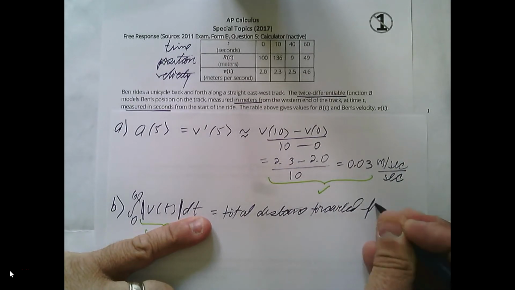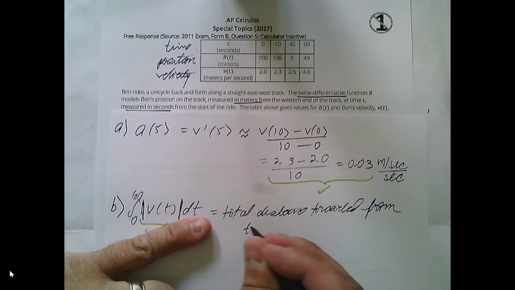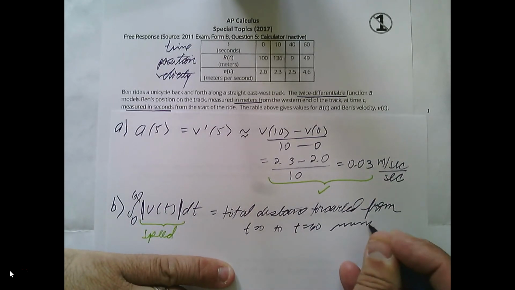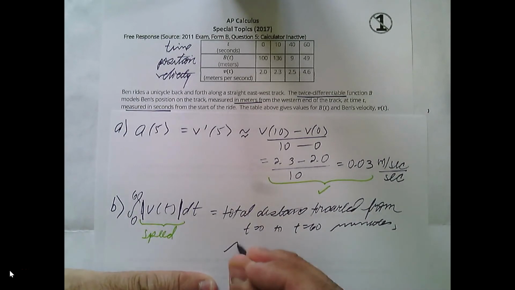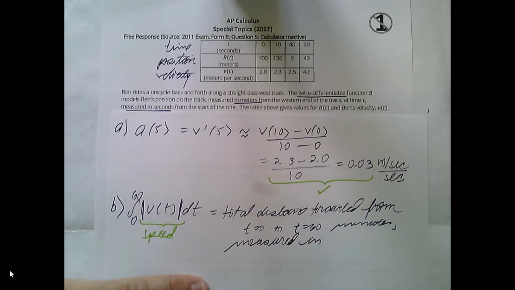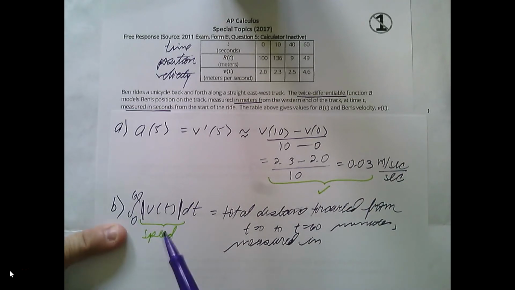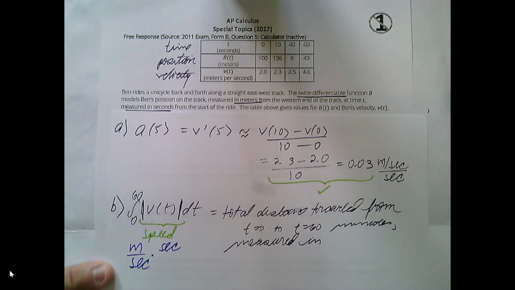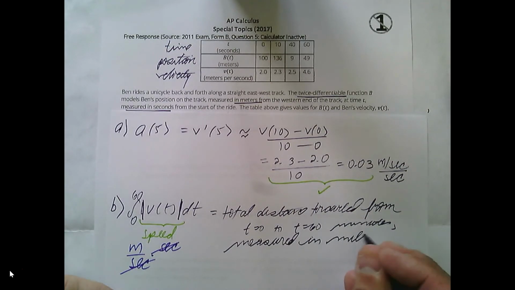Tell me the time interval from t equals 0 to t equals 60 minutes. How are we going to measure this? Measured in, well, let's go back and look at v of t. v of t is meters per second. Time is being measured in seconds. Those units cancel out. Measured in meters.